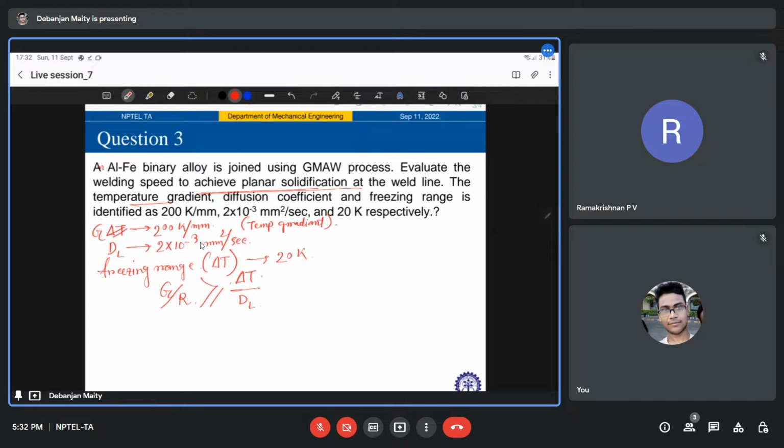So if you want to satisfy this equation, here G is your temperature gradient, which is known, and we need to find out R. R will be the solidification velocity, which can be assumed or equated with the welding speed also.